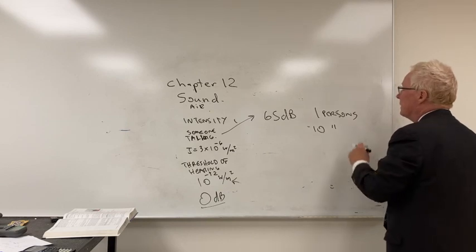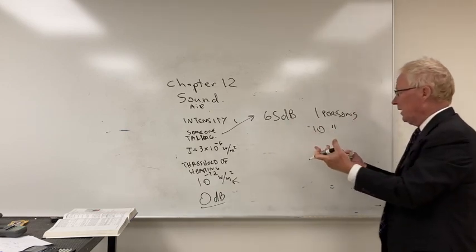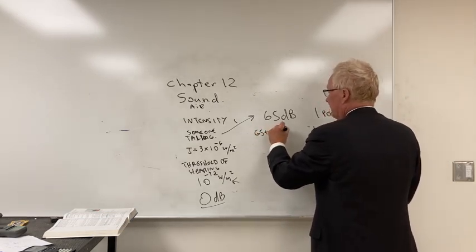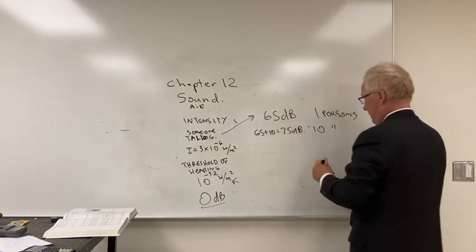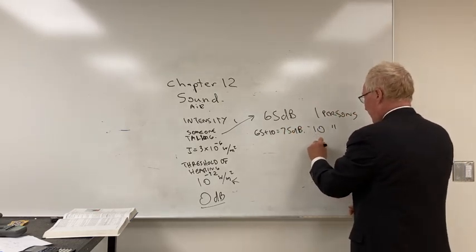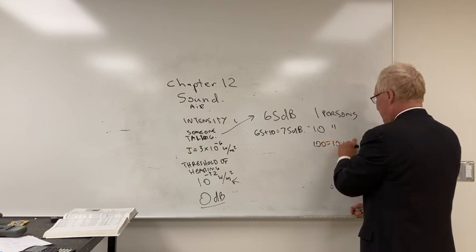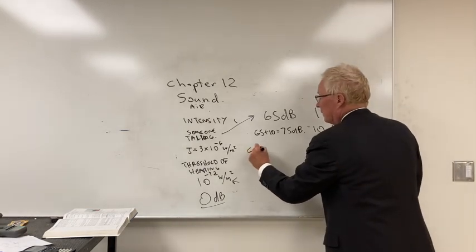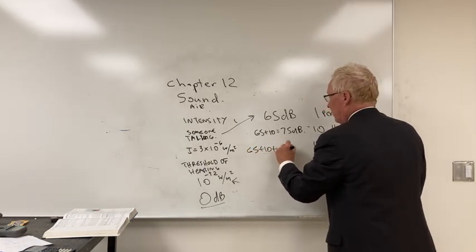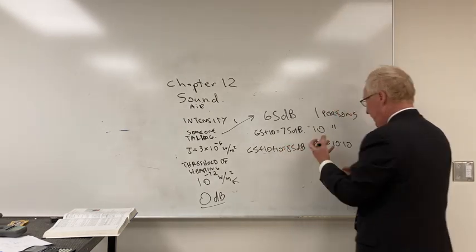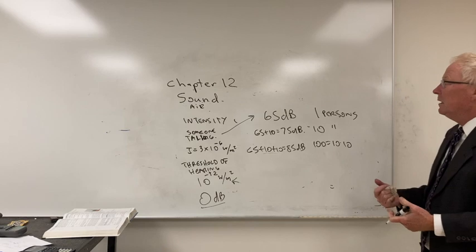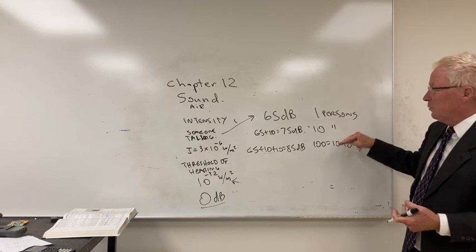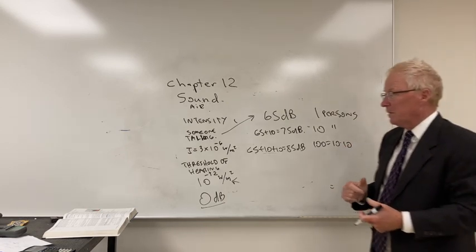This is 10 times louder, so it's going to be 65 plus 10, which is 75 dB. If you have 100 people, this is 10 times 10. Each increase is 10 more, so it'll be 65 plus 10 plus 10, or 85 dB, and so on. If you had 1,000 people, it'd be 95. So each increase of a factor of 10 increases by 10 dB.